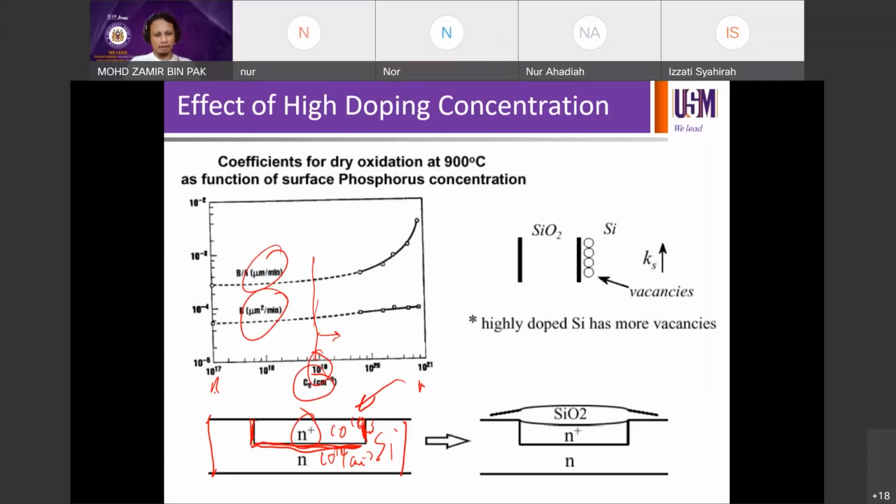It's okay, it may not be obvious yet. Remember, we talk about the SiO2 as mask. Kan, kita belajar kan, last class kan? SiO2 boleh jadi mask kan? You want to block the doping in certain region and you want to let the doping go into the silicon in certain region.